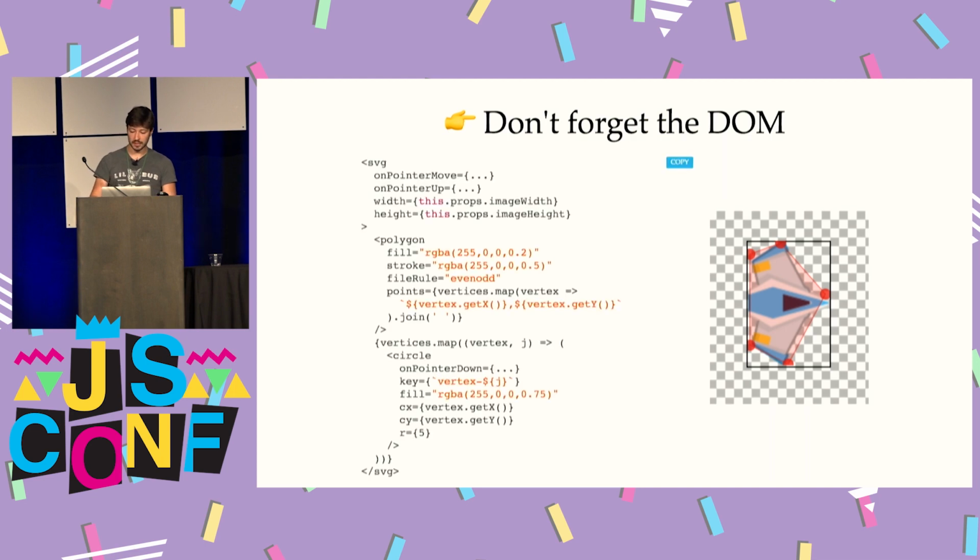So what I've been doing here is to use SVG elements to display the polygon, and using things like on pointer move, up and down, you can allow the vertices of the polygon to be drag and dropped using the mouse or the touch. So you get a polygon editor that is very easy to architecture and to hack on, because it's all done using React, and it's still powerful enough for what you want to do.